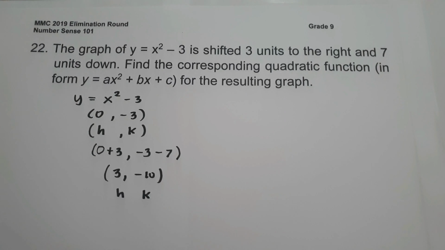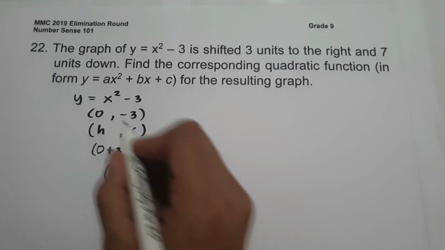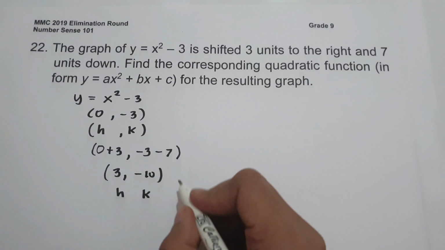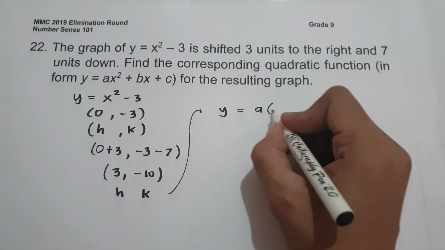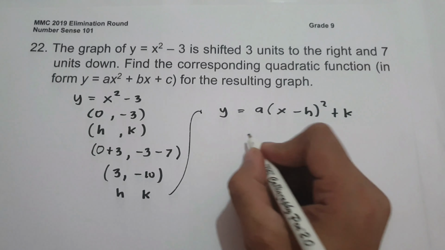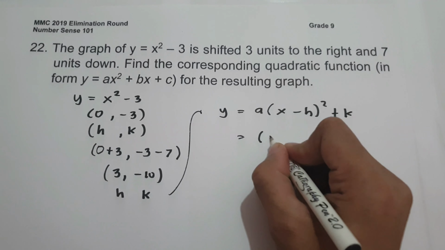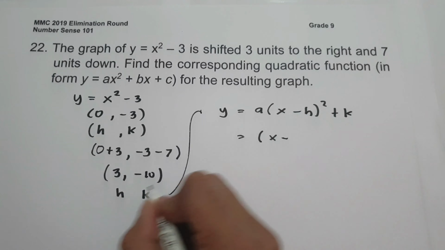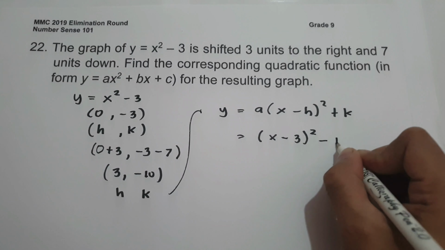So using the vertex, we can now easily write our equation in the form of ax squared plus bx plus c. Let us have y equals a times (x minus h) squared plus k. The value of a is 1, so we are not going to write that. That is (x minus 3) squared, then k, that is negative 10.